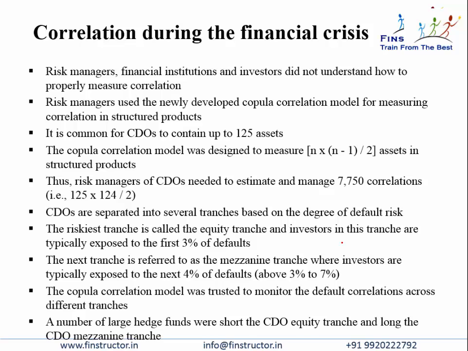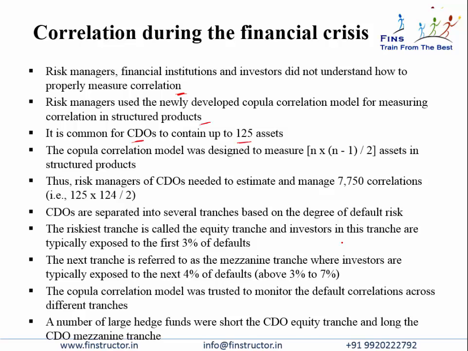So the risk managers, financial institutions, and investors did not understand how to properly measure the correlation. The risk managers used a newly developed correlation model for measuring the correlation in structured products. So the CDOs contained up to 125 different assets.